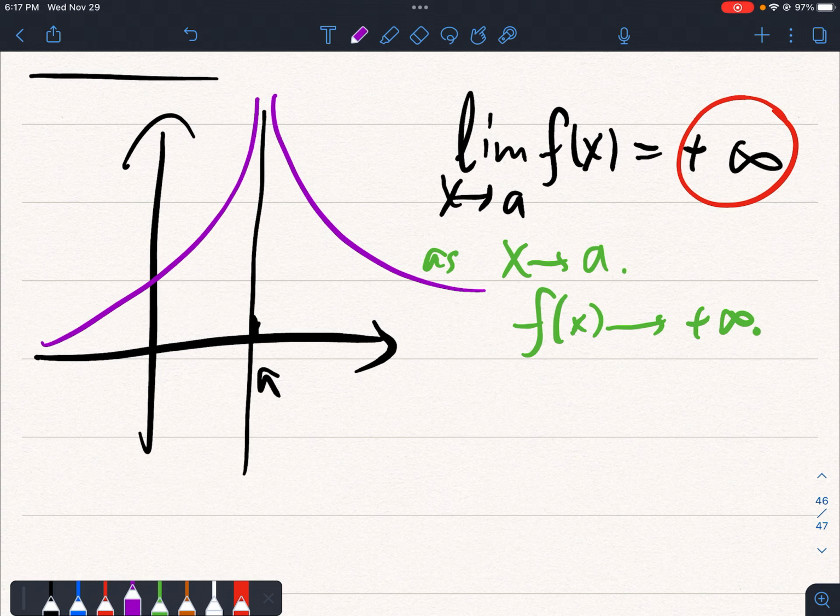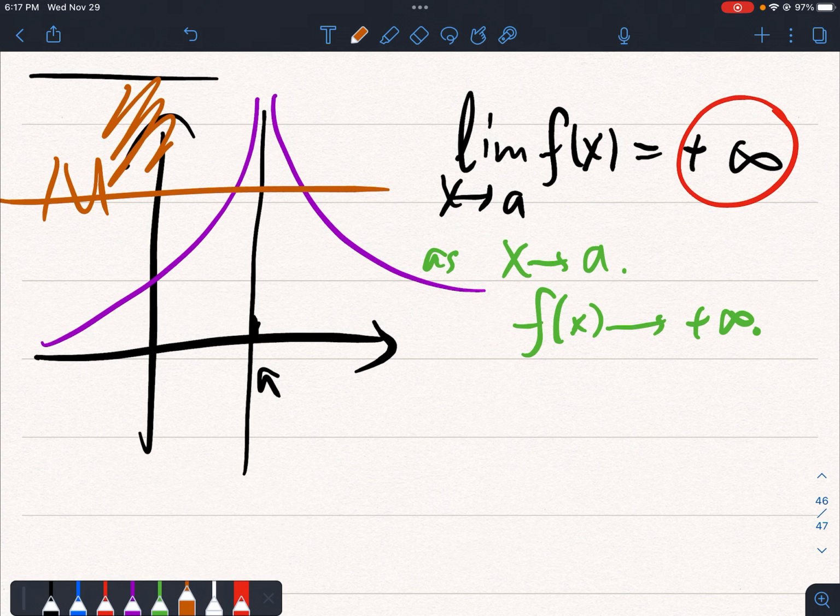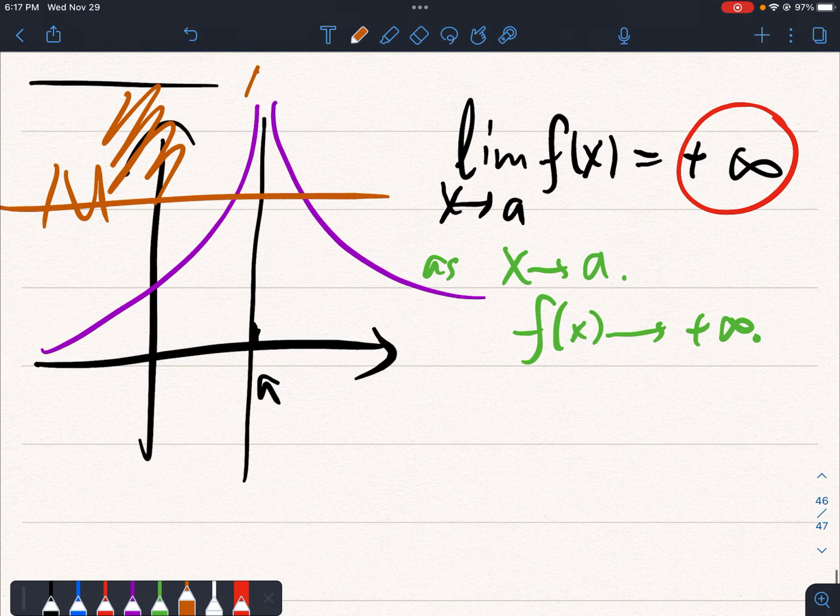But then what is the neighborhood of plus infinity? It is the set of all numbers such that it is bigger than m. So you can think of the interval from m to infinity as a neighborhood of plus infinity.